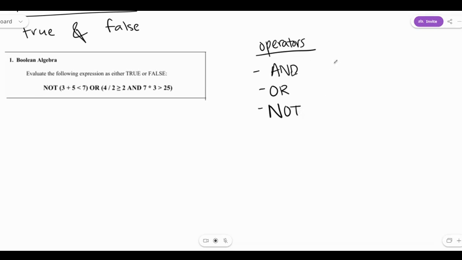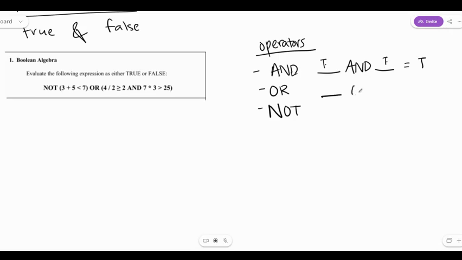When using and, both of the conditions on either side must be true in order for it to be true. So if this side is true and this side is false, then the output will be false. But if both sides are true, then the output will be true.